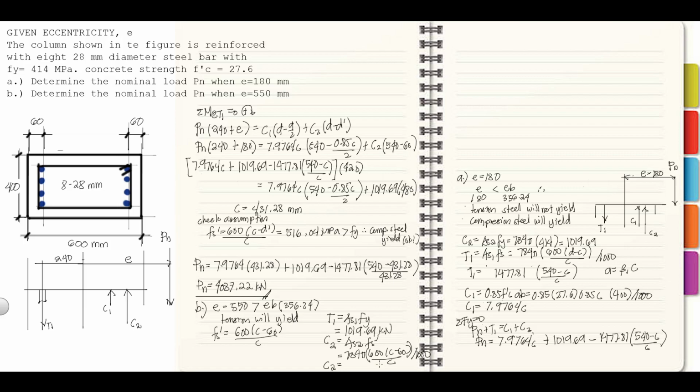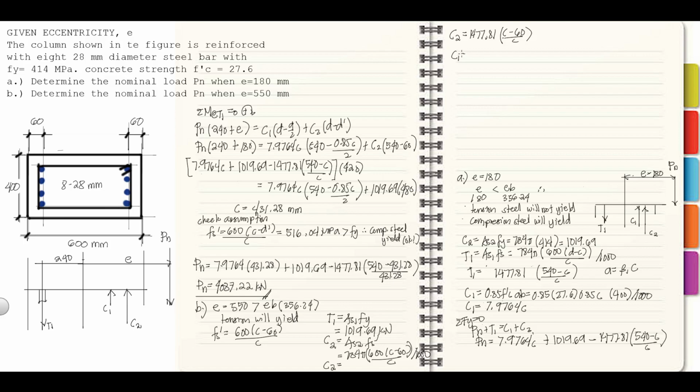So we'll get an answer of, for our C2, our 784 pi times 600 lang gagawin natin dito. Divide natin 1,000. So, meron tayong 1477.81. Okay? The quantity C minus 60, okay, all over C. Yan yung magiging C2 natin.